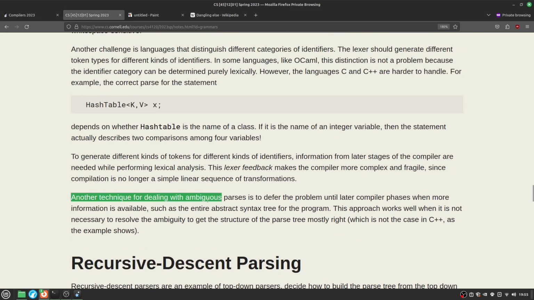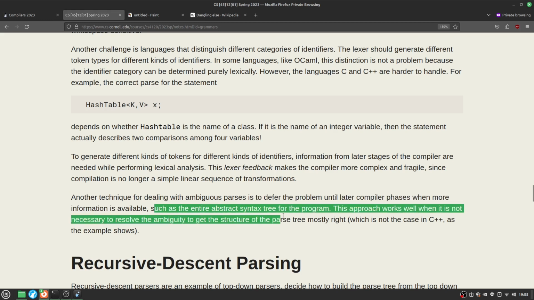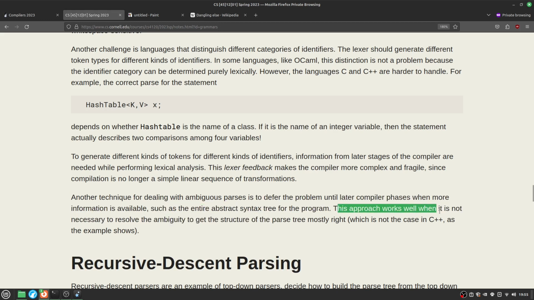Another technique for dealing with ambiguous parsers is to defer the problem until later compiler phases when more information is available, such as the entire abstract syntax tree for the program. This approach works well when it is not necessary to resolve the ambiguity to get the structure of the parse tree mostly right, which is not the case in C++, as the example shows.